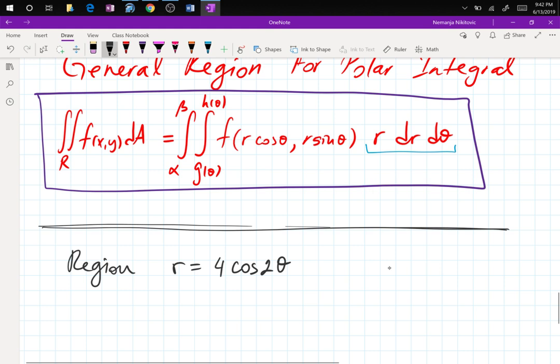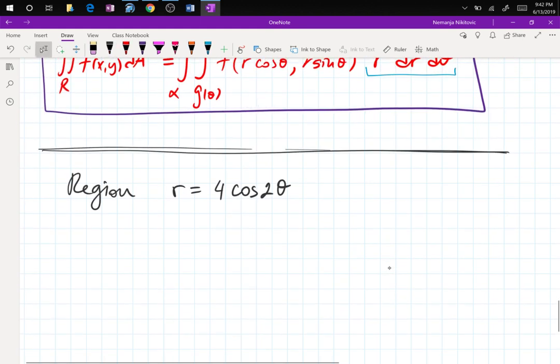I'm just going to quickly take a look at this. 4 cosine 2 theta.